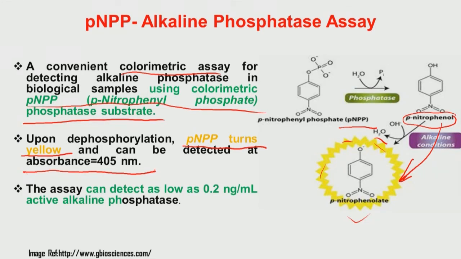This is a very sensitive assay; it can detect 0.2 nanogram per milliliter of active alkaline phosphatase. So, even if alkaline phosphatase is present in a very small amount, the ALP assay can pick it up and quantify it.